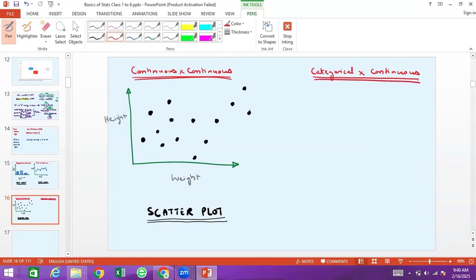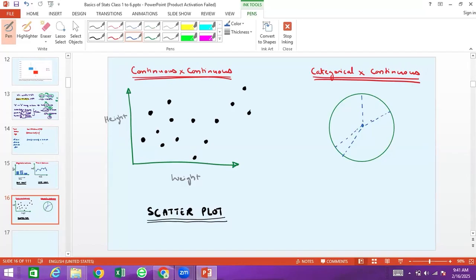If we are looking at proportions, for example, the contribution of different sectors in India's GDP.